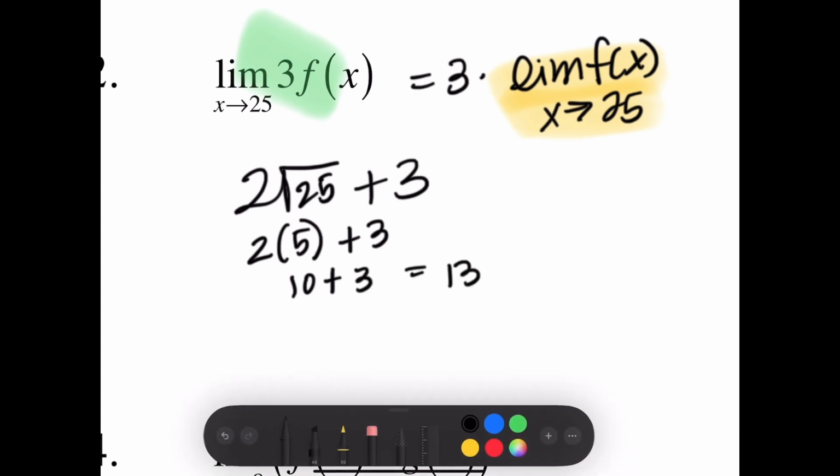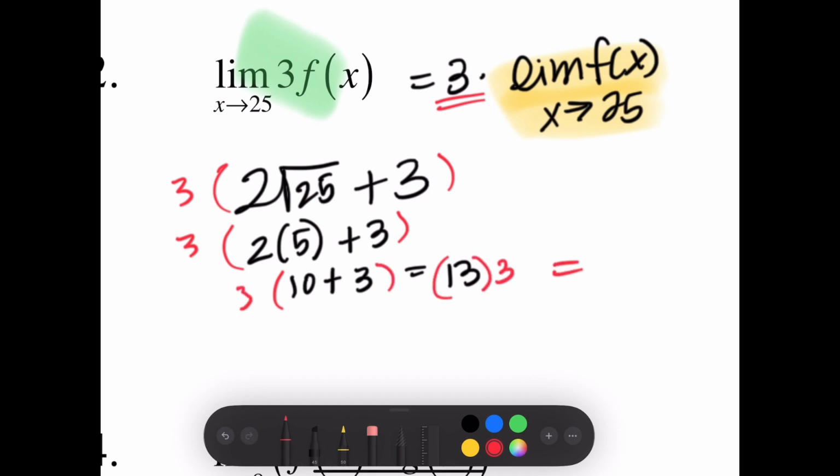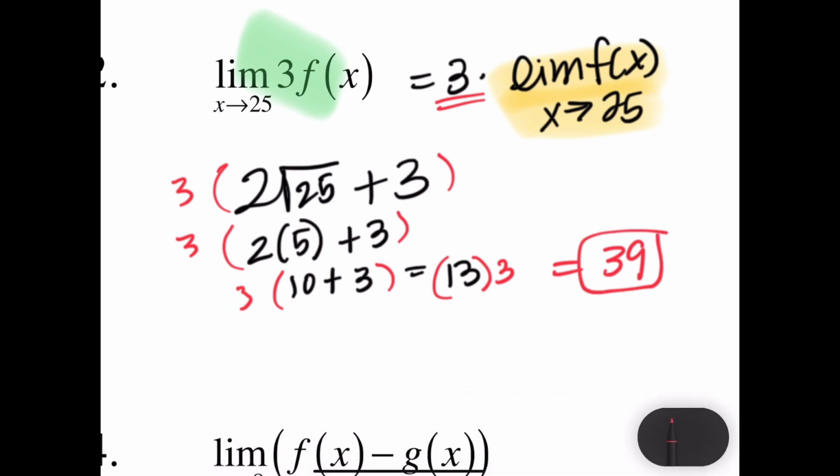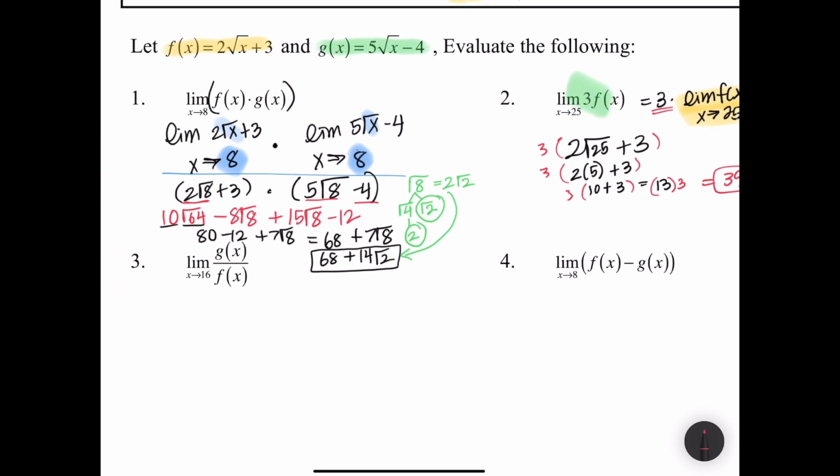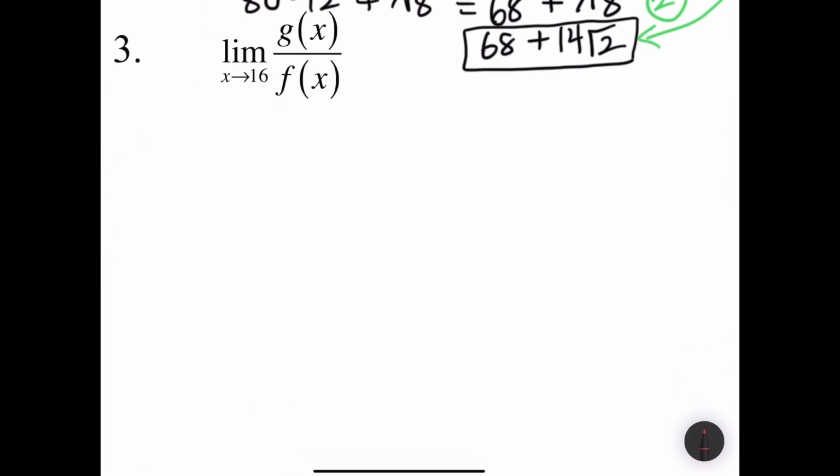But remember, I still need to multiply by that 3. So at the very end, I still have 13 times 3, which is 39. And that's going to be my final answer for this limit. Okay. Moving on to number 3.